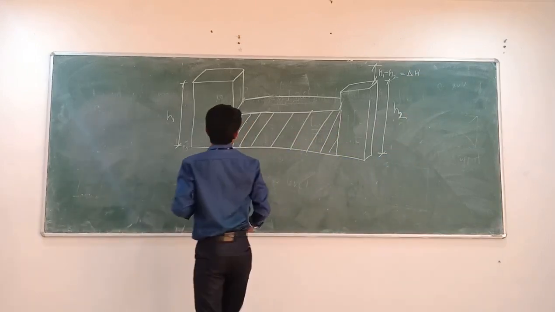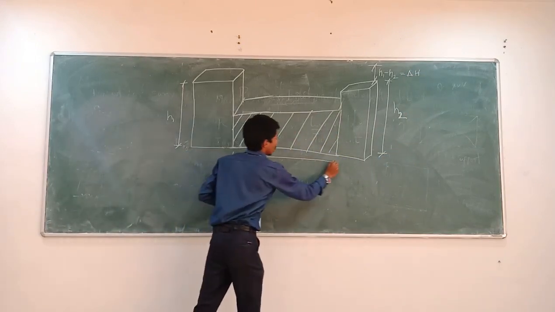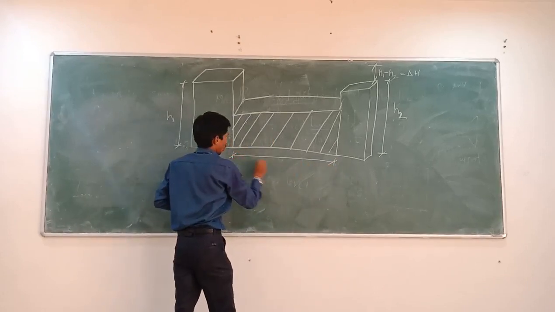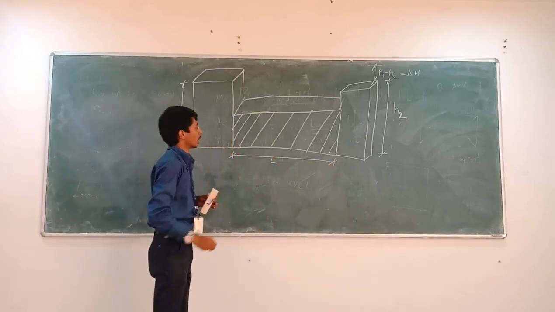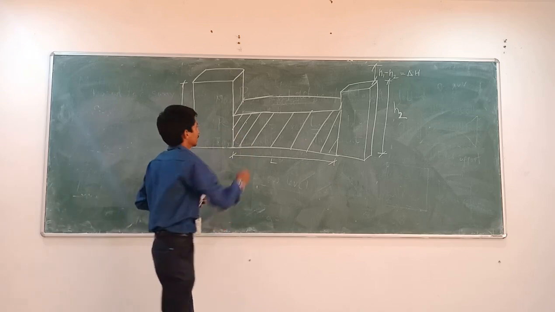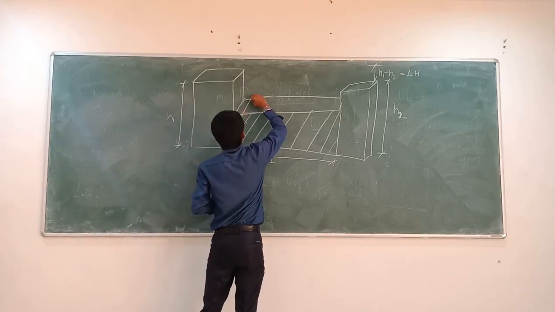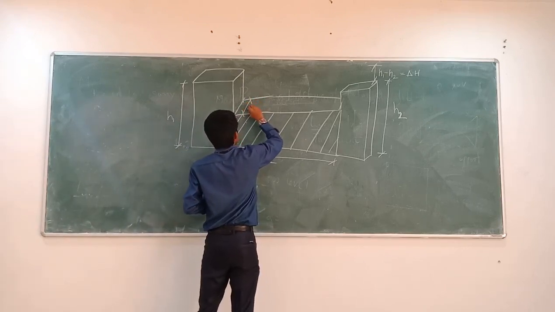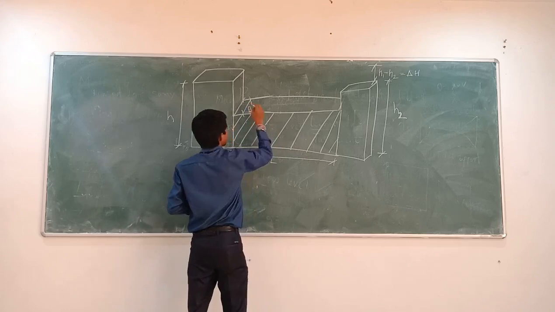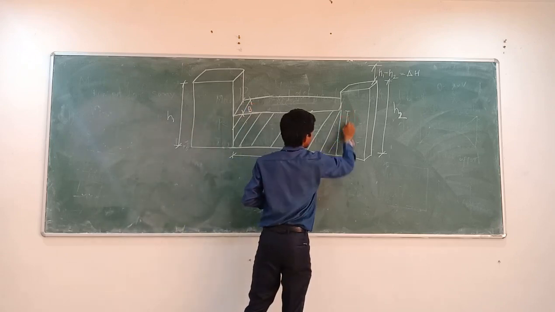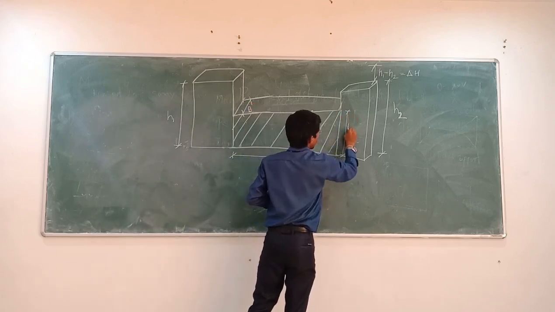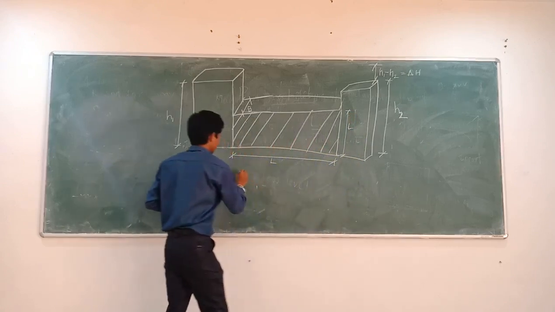Then I am considering a soil sample of length L and a uniform cross section area. So I am representing, this is the breadth and this is the length. Let A be the cross section.